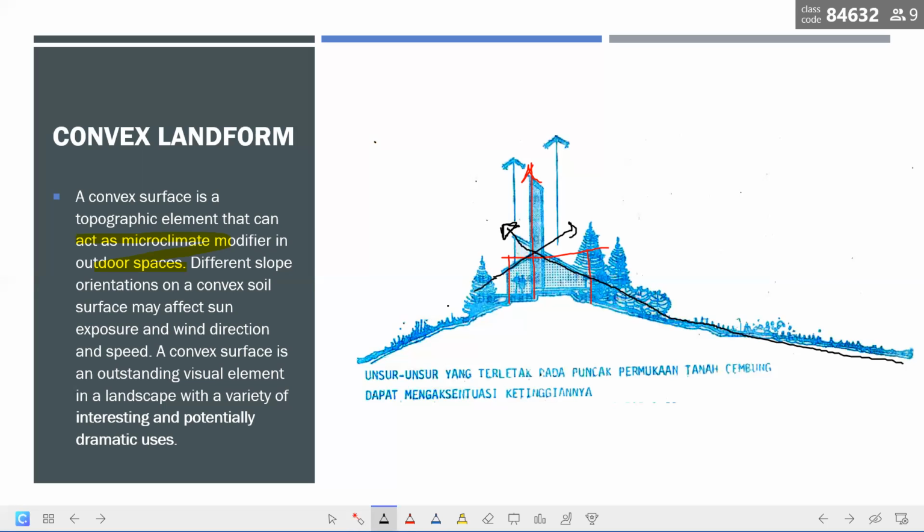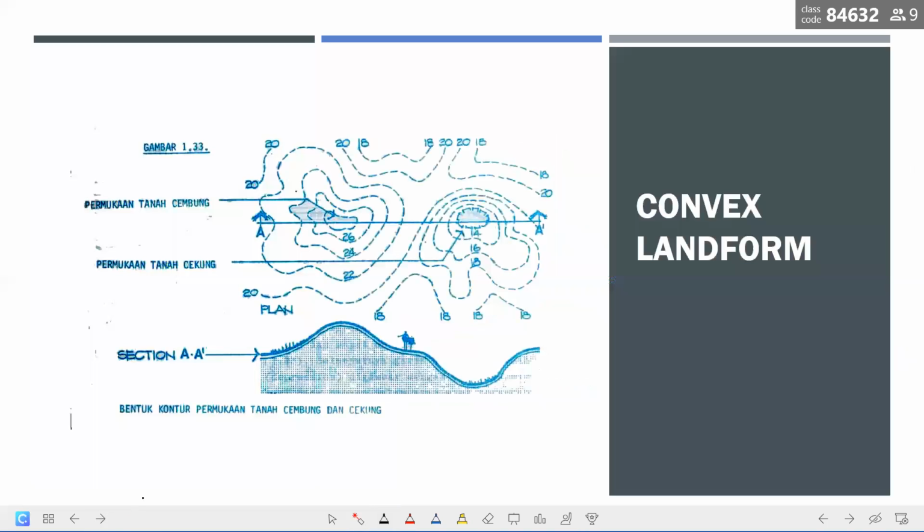Same as this side here. So it presents a variety of interesting approaches, and potentially dramatic.